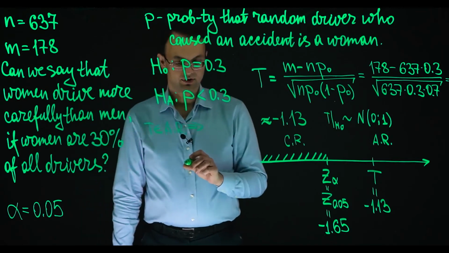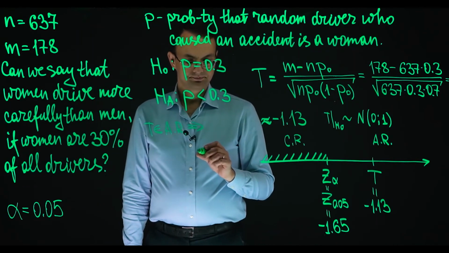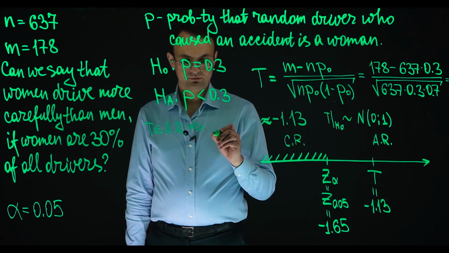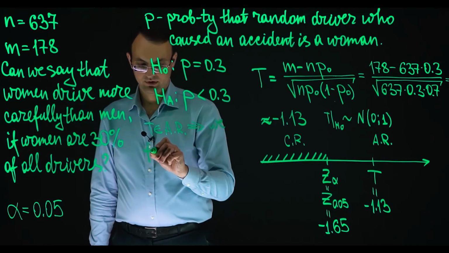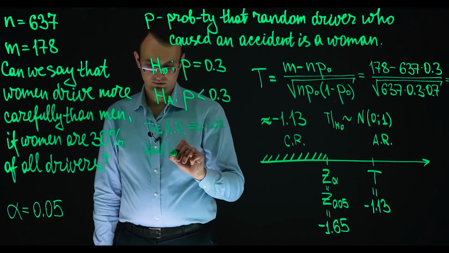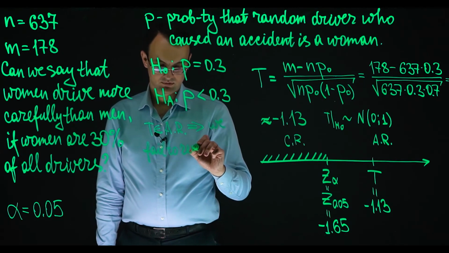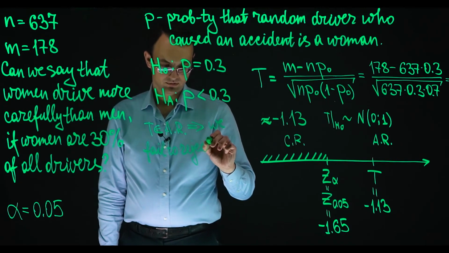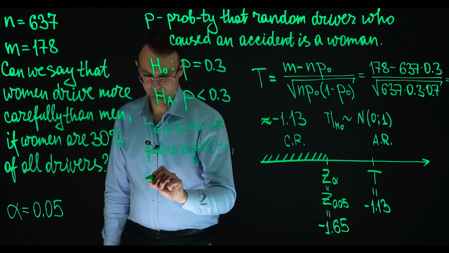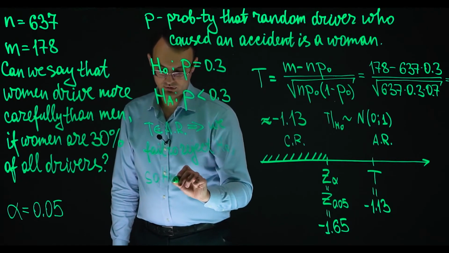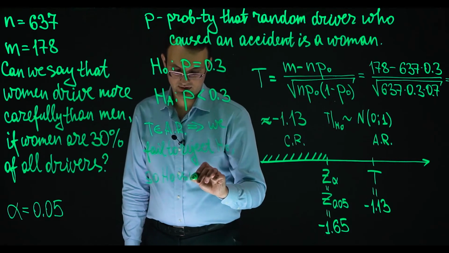So t belongs to the acceptance region. Then that is why we fail to reject H0. So H0 is accepted.